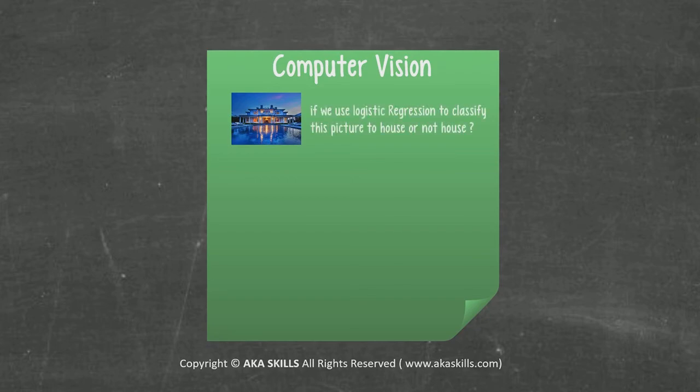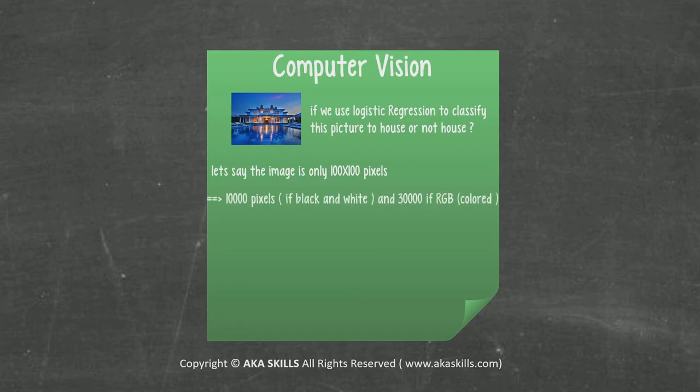If we use the simple logistic regression we previously saw to classify this picture as a house or not, let's say the image is only 100 by 100 pixels, which is really small for nowadays pictures. That means 10,000 pixels if the picture is black and white.